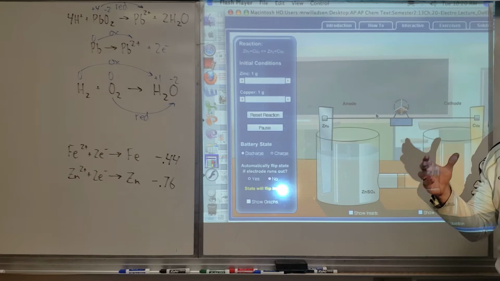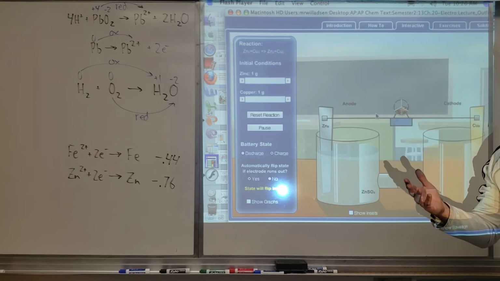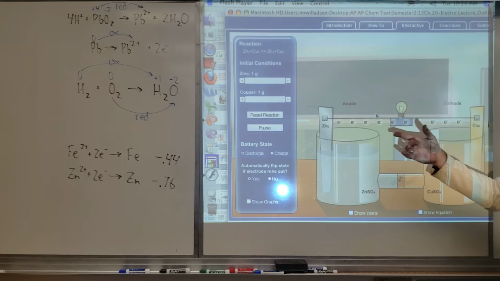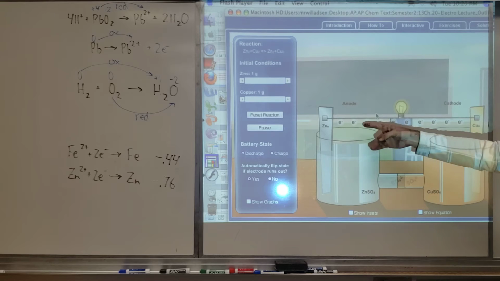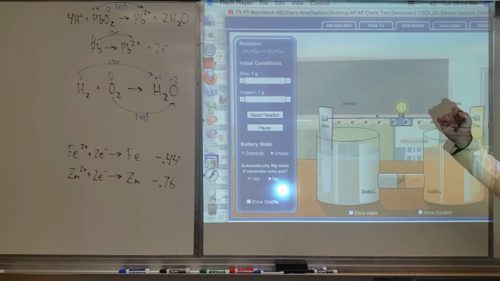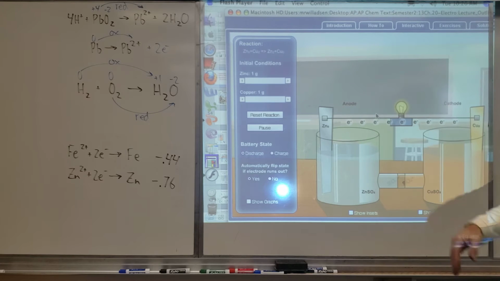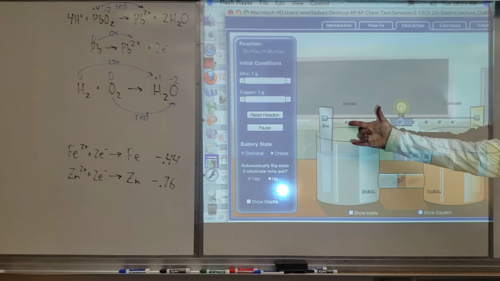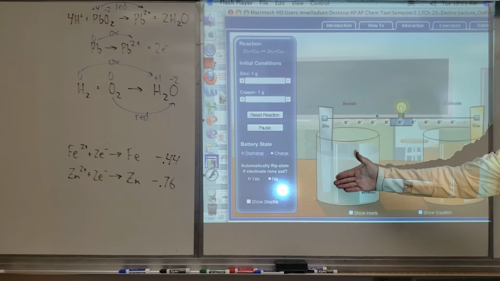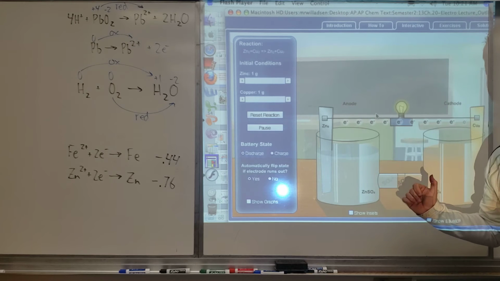So a voltaic cell, you can think of it as a battery, generates electricity by causing electrons to flow. This is the discharge of a battery. That's essentially what you're showing with a rechargeable battery. How do rechargeable batteries work? In rechargeable batteries, electrons will continue to flow until you run out of reactant species.